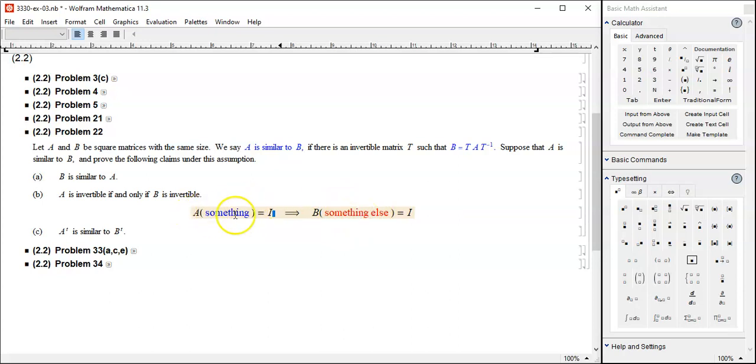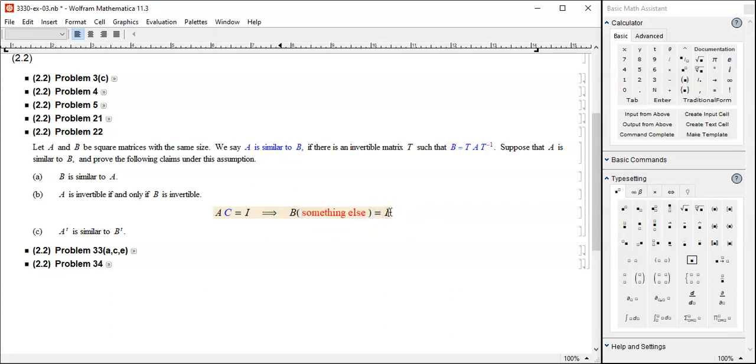So assume A times something is equal to I, and then figure out this part: B times some other thing is equal to I. Because this part is just something you can name, it's okay to use another character, like, let's say C. Your job is to figure out this part.